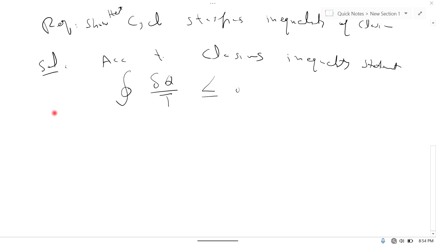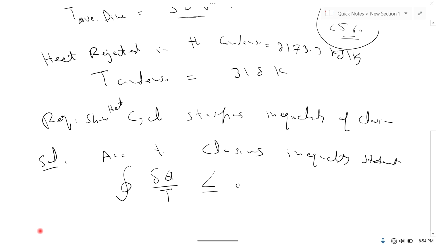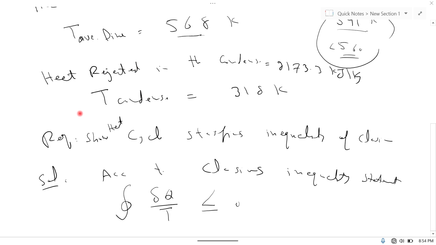Now we expand this value. There is one, heat added in the boiler, and two, heat rejected.